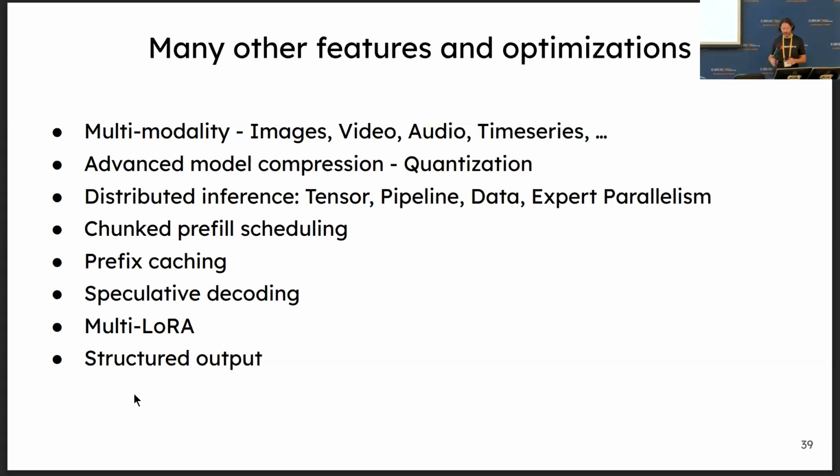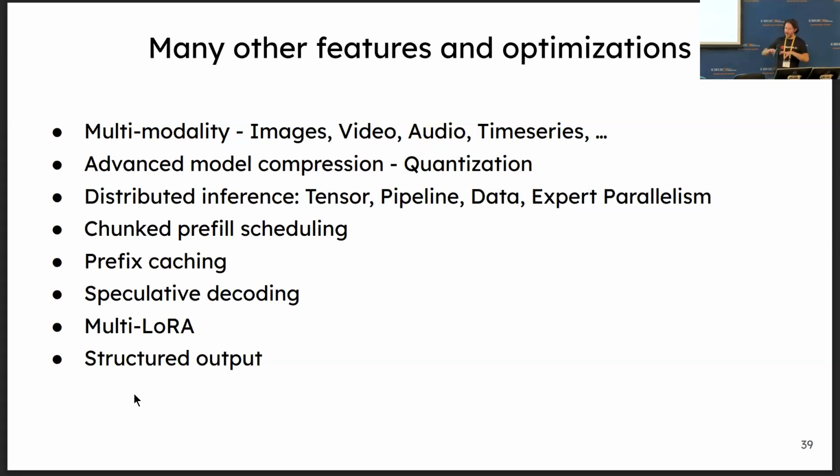Distributed inferencing, for very large models, there are different ways that you can split them up across multiple GPUs, since they might not all fit on a single GPU. And there are other reasons why you might want to speed things up by parallelizing across multiple GPUs. So these are all different ways you can slice up the model and perform the same operations in a distributed way. Tensor parallelism is where you split each layer of the model, and pipeline parallelism is where you put different layers on different GPUs.